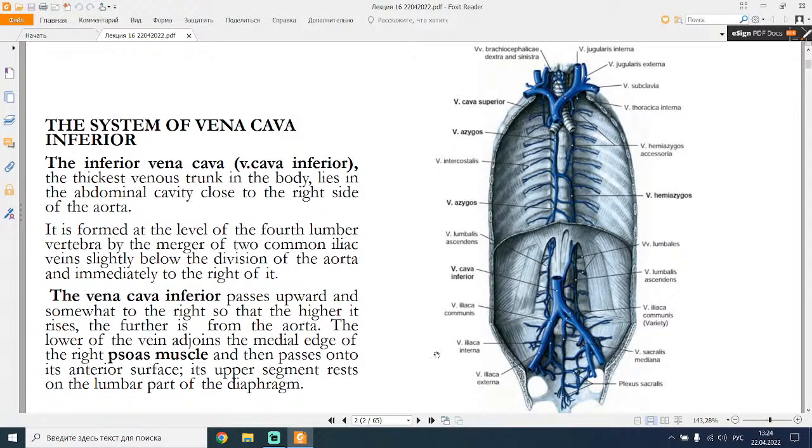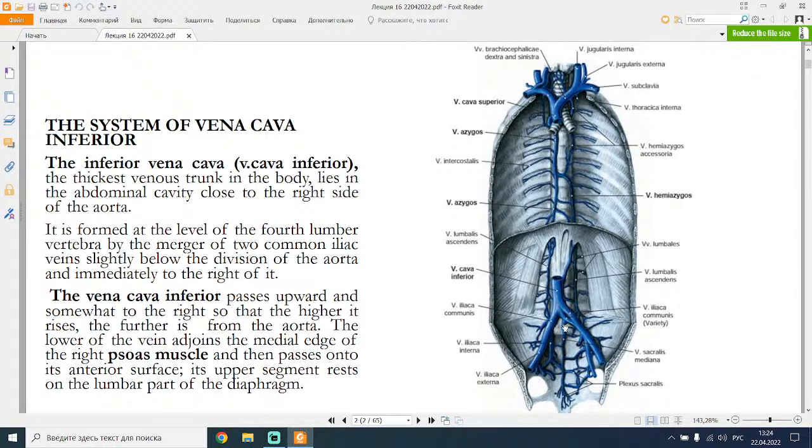It's formed at the level of the first lumbar vertebra by the merger of two common iliac veins below the division of the aorta and immediately to the right of it.